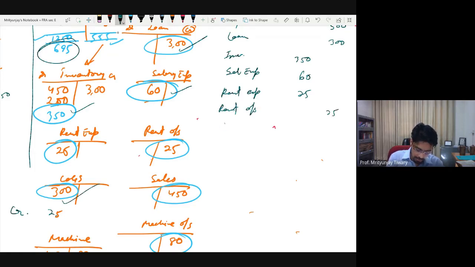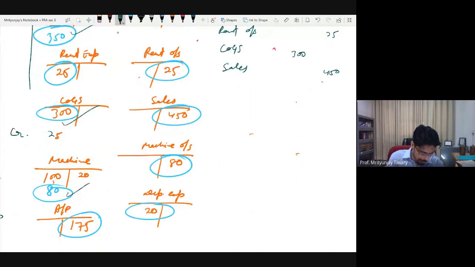COGS debit of 300, and sales credit of 450. Next one is machinery debit of 80, and machinery outstanding.